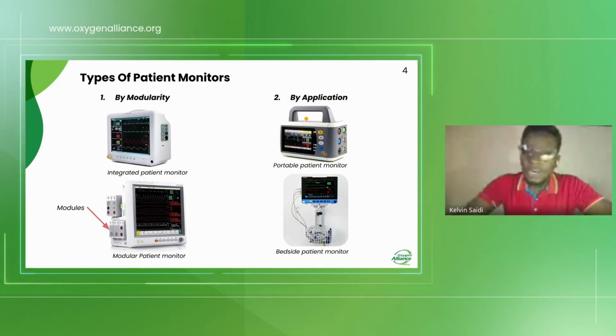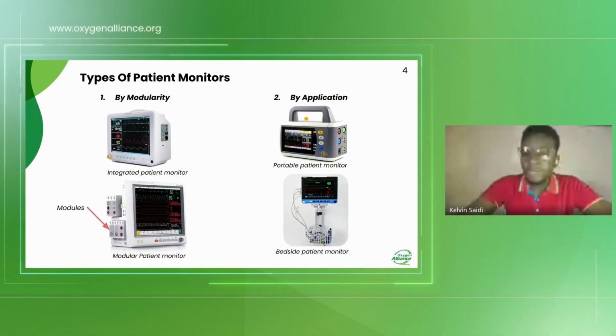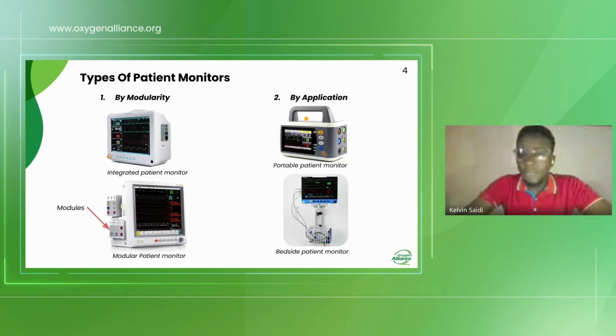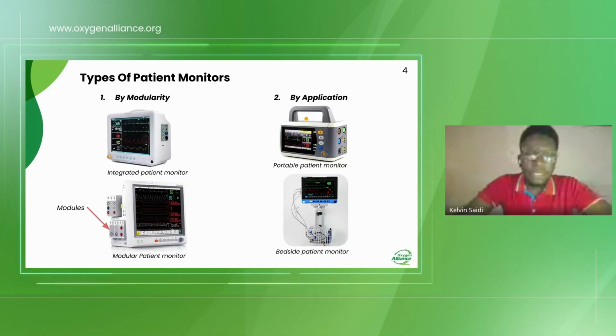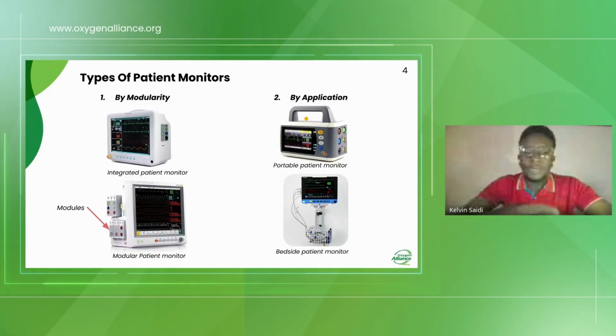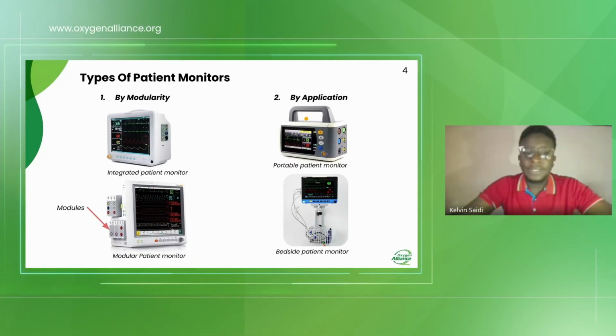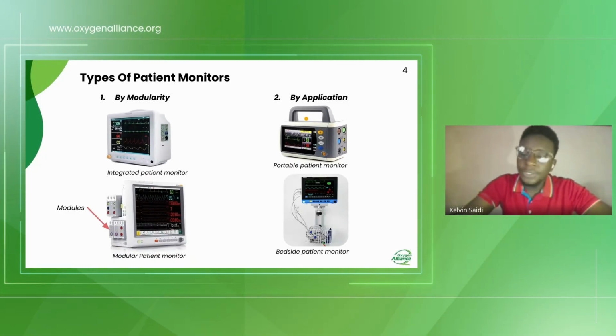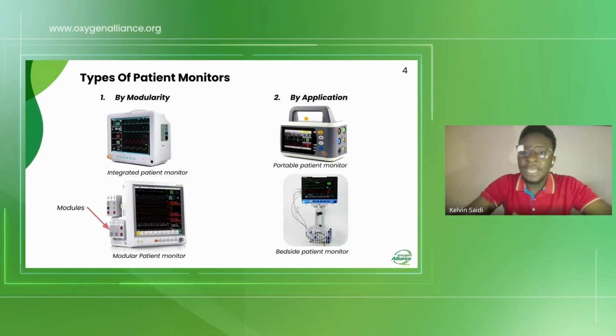If we look at how patient monitors are classified by application, you have the portable patient monitor and the bedside patient monitor. Bedside or stationary patient monitors are heavy-duty devices, and they're used for continuous monitoring in a fixed place like an ICU.